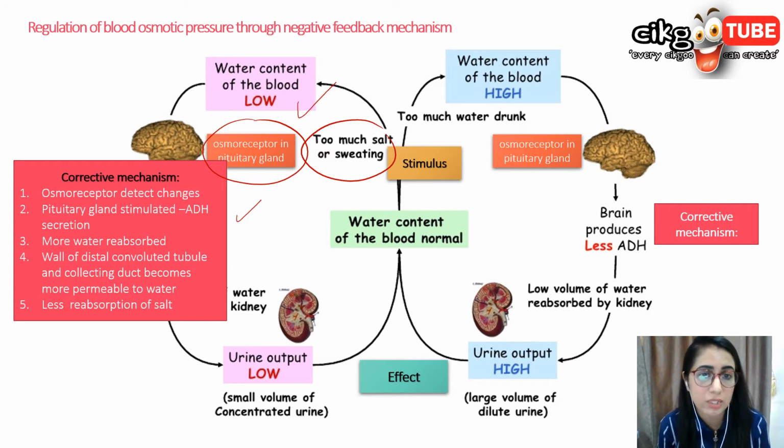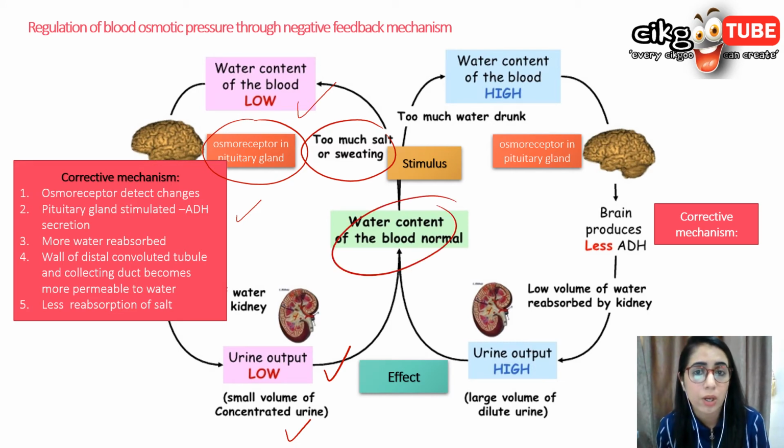The wall of the distal convoluted tubule and the collecting duct will become more permeable to water. So there will be less reabsorption of salt and more reabsorption of water. So the urine output will become low. So a small volume of concentrated urine will be produced and the water content will be back to normal.